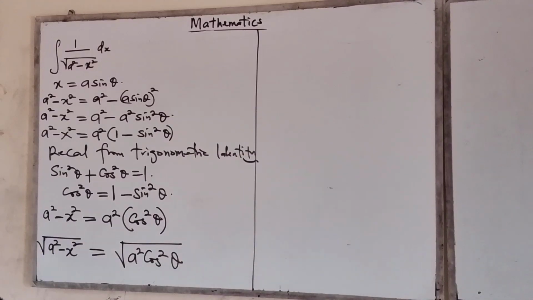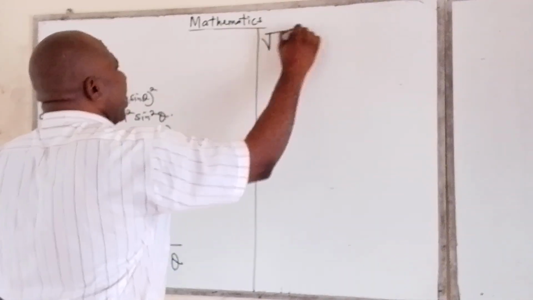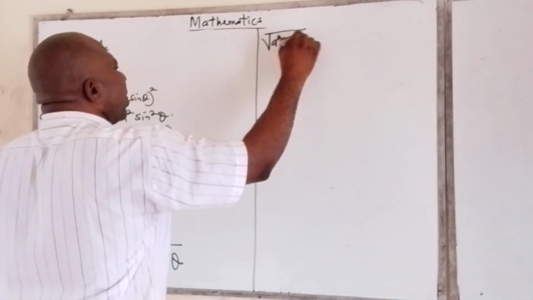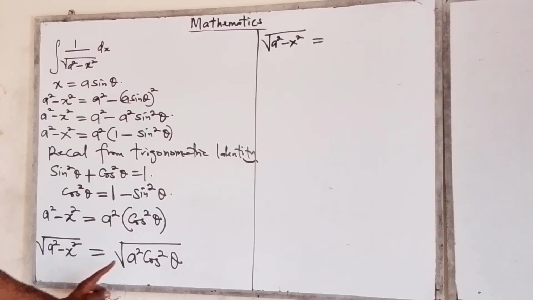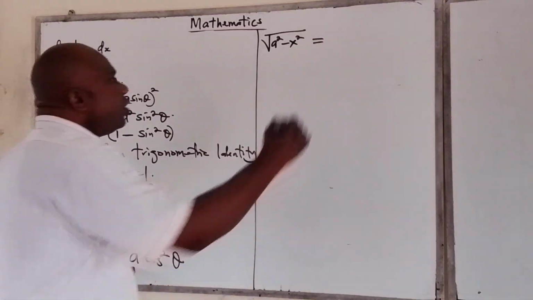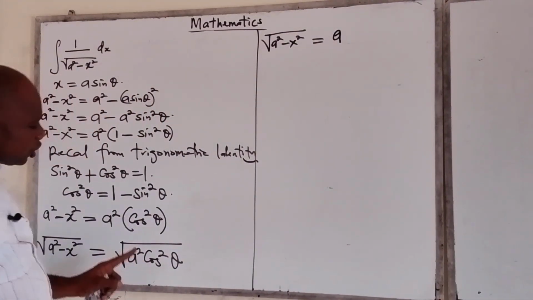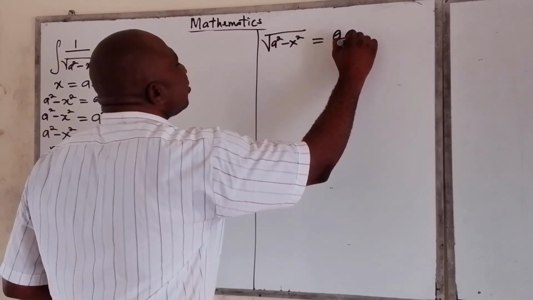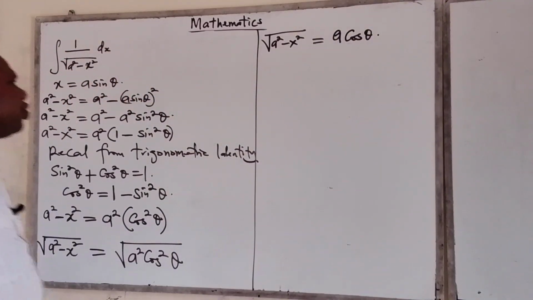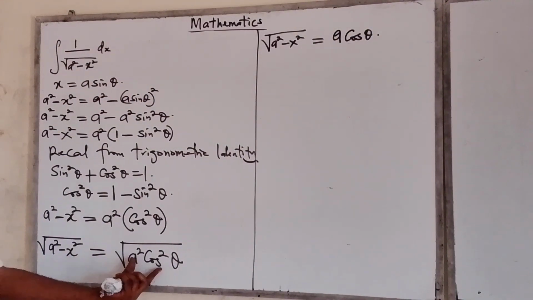The square root of a squared is a, and the square root of cos squared theta is cos theta. So the whole value is equal to a cos theta.